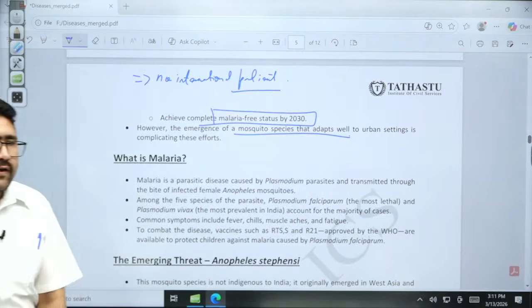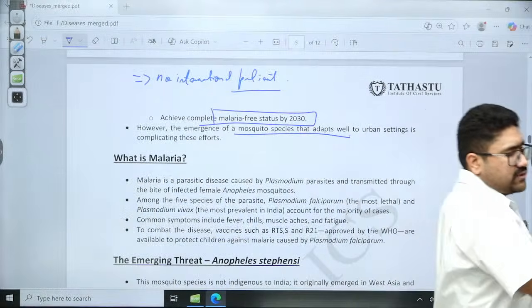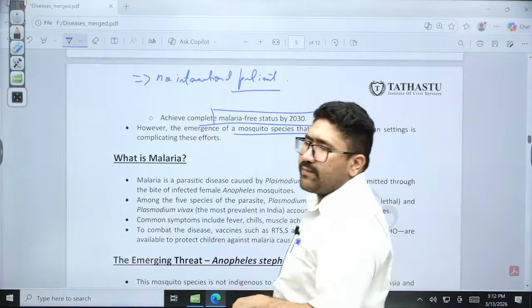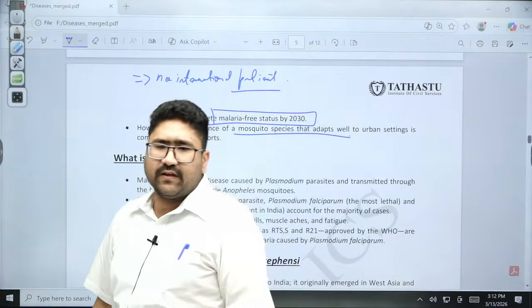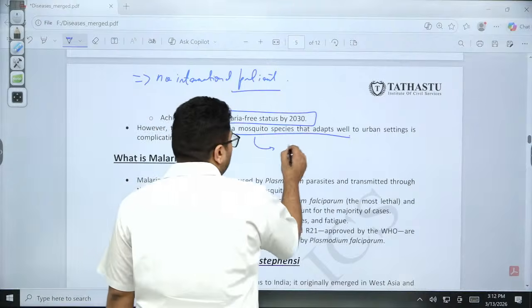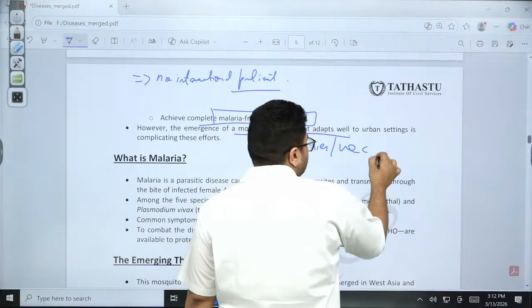Even though you may have imposed restrictions on outsiders or patients already affected by malaria, still the malaria cases will rise, or you will not be able to eliminate malarial disease. Why? Because of the carrier, because of the mosquito species which is acting as the carrier or the vector.